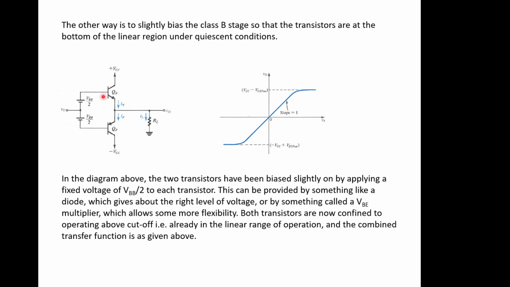And this is class AB biasing, so we're just going to apply a small amount of voltage across here to get this into its linear region. And the sacrifice we'd make for that is there's going to be a small amount of bias current always running through this. So we're going to get some wastage, but we're not going to get anywhere near the wastage that we had for the class A stage when it was biased half its characteristic.